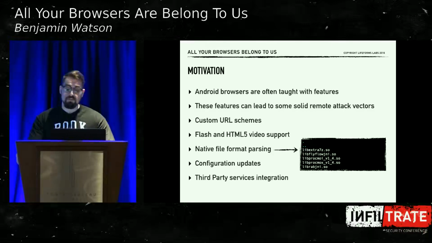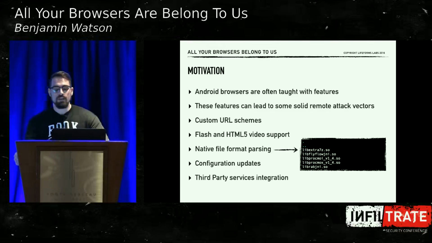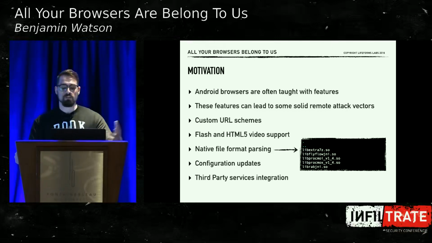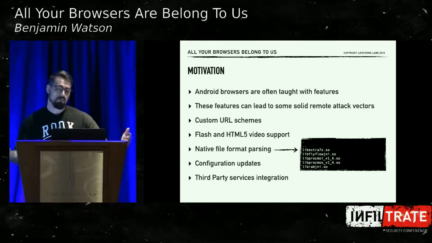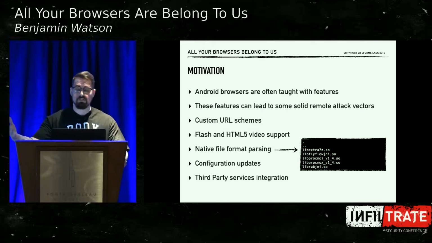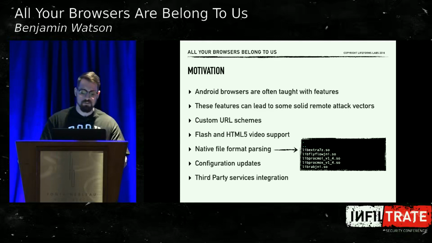The browser that I'm still currently looking at implements a custom file manager. If you download a 7-zip file, it says, I want to support that, so I'm going to write a shared library and natively parse 7-zip files and extract the contents. You will see this all the time. A lot of the alternative browsers have file managers where you can manipulate the stuff that you're downloading through that particular browser.